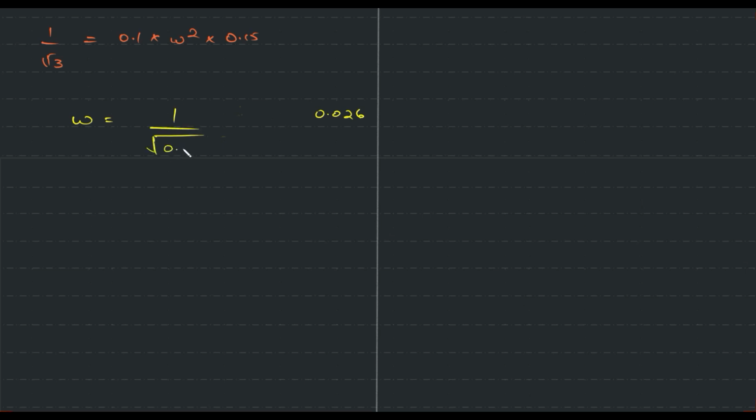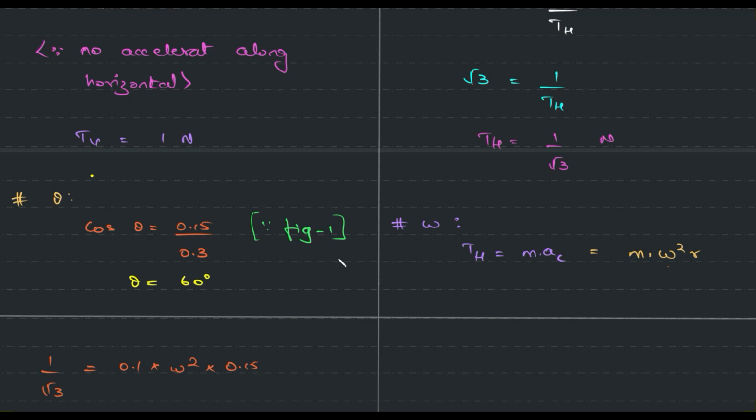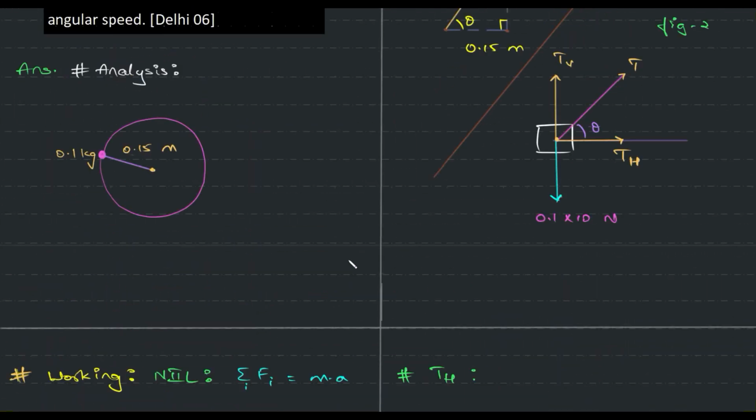So the root of this value, actually, my bad. So 1 divided by root of 0.26. Okay, now I got it. Because you can't have something revolving with that value, 6.2 revolution per second, right? So that would be your answer.